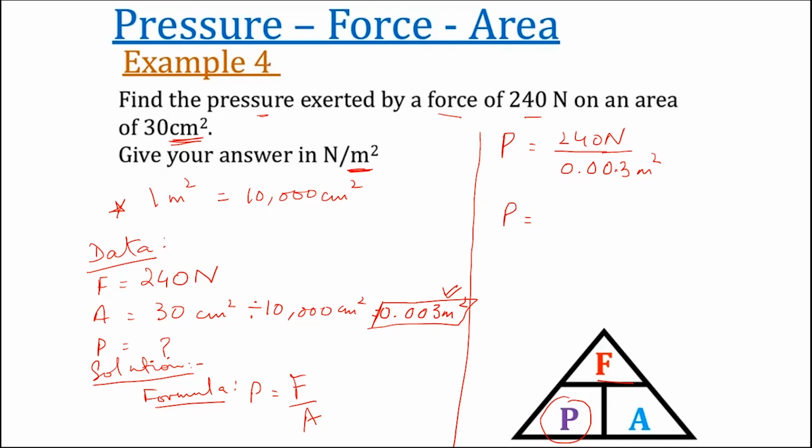Now easily we can get the answer in newton per square meter. So divide it, 240 divided by 0.003, and the answer is in newton per square meter. So in this way we can find out the pressure. If area is given to us in centimeters, we will convert it into meters.